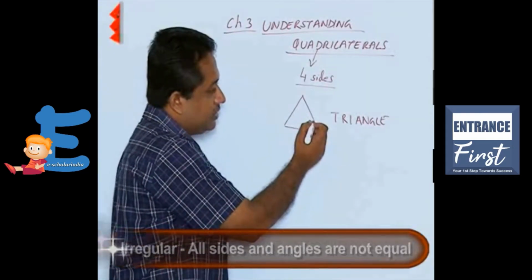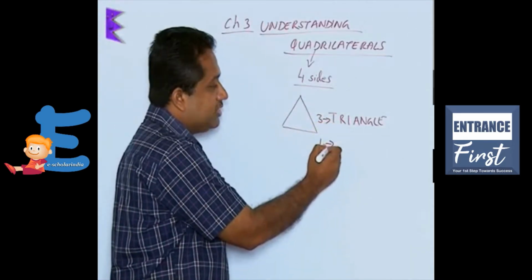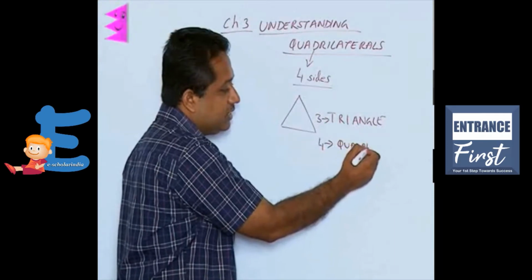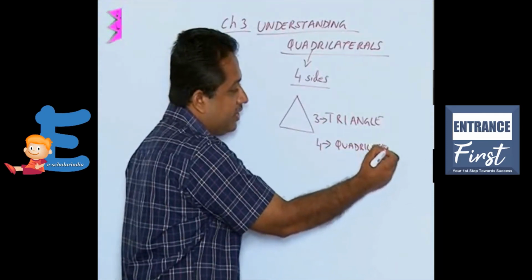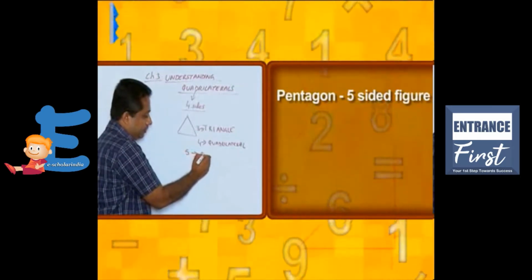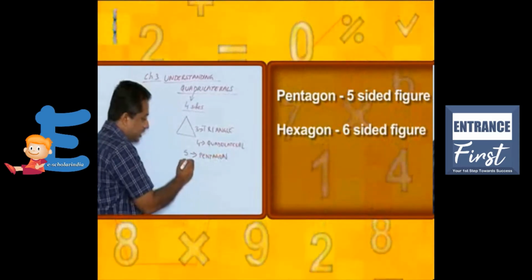So here this is a triangle which has got three sides. Similarly, four sides is called a quadrilateral. This has got four sides. We have a five-sided figure. The five-sided figure is called a pentagon. A six-sided figure is called hexagon.